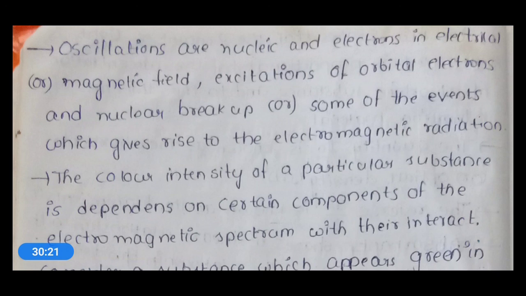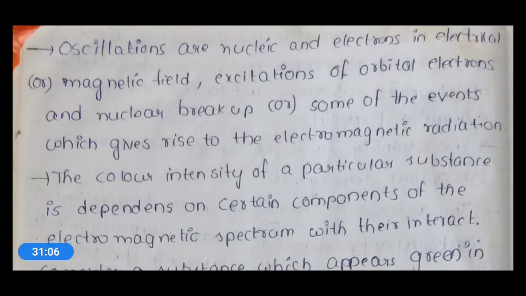These oscillations of nuclei and electrons occur in an electric field or magnetic field. Another event is excitation of orbital electrons: if an electron in one orbit is excited and moves to another orbital, that leads to radiation.